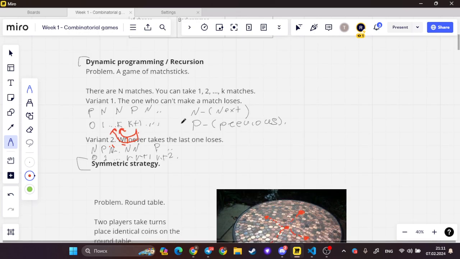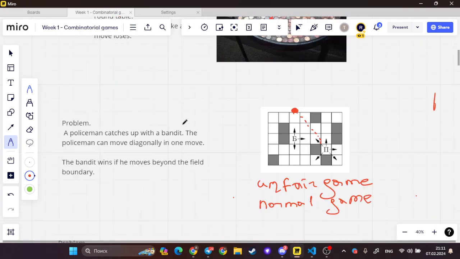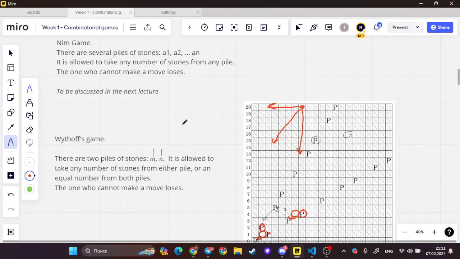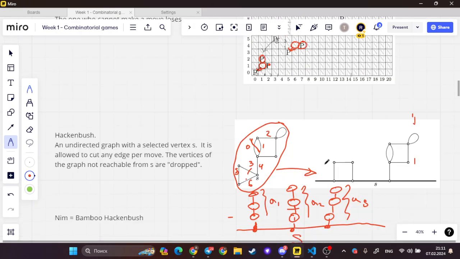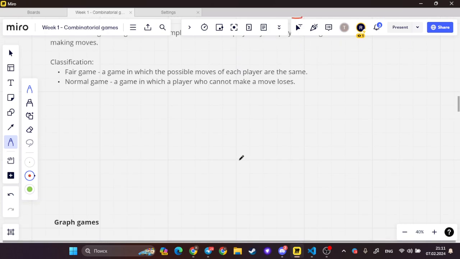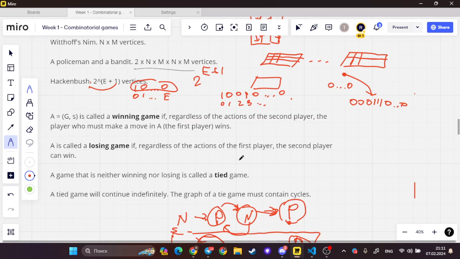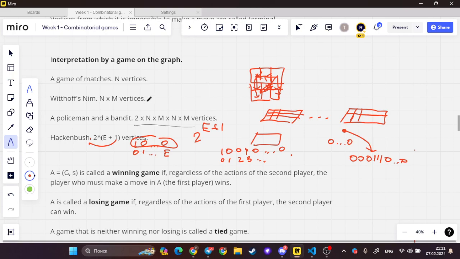It's a combinatorial game, but the count of states is very big because every initial state of the graph changes.